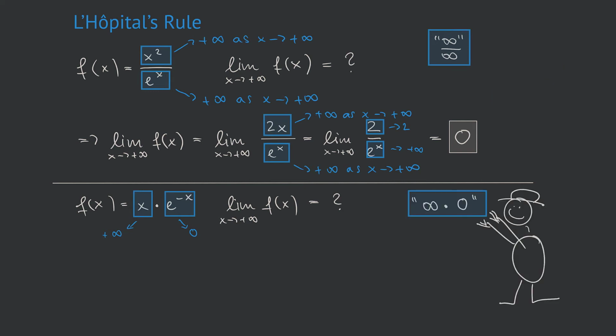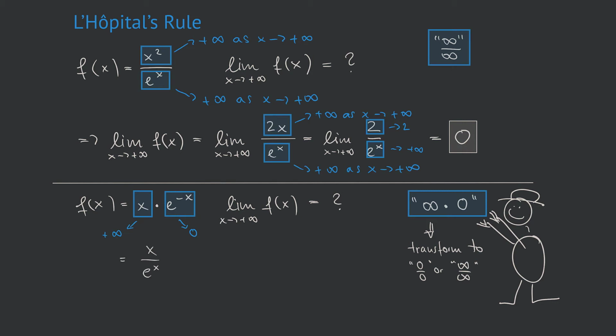So we have the situation infinity times 0. In this situation, being an extended application of L'Hôpital's rule, we first need to transform the situation into one of the two basic situations, that is 0 over 0 or infinity over infinity. There are several ways to do that. For instance, we could take the second factor, e to the power of negative x, and put it into the denominator while leaving away the minus sign.